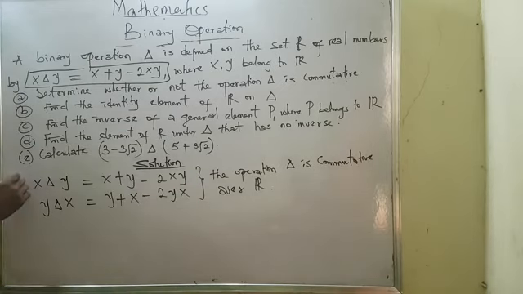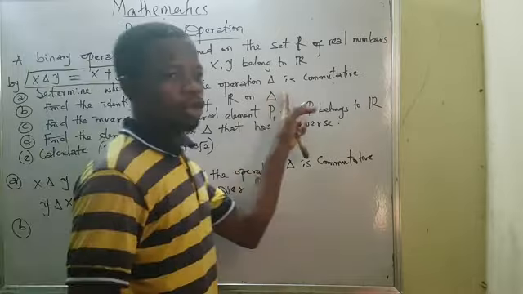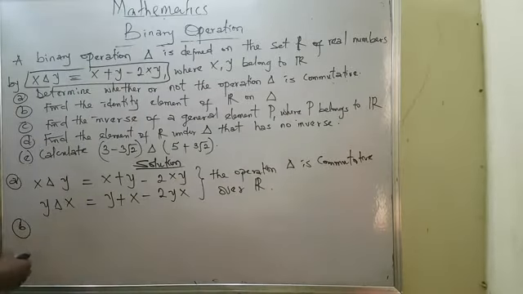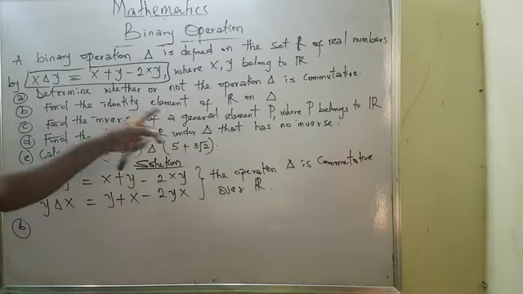Question 2, B. B says, find the identity element of the set of real numbers on this operation. Don't forget again our definition of identity element.